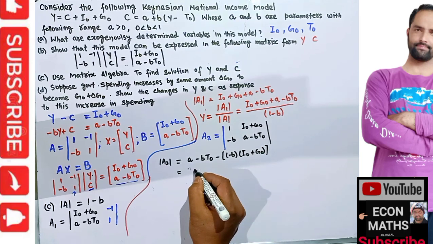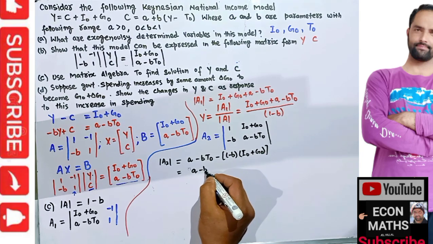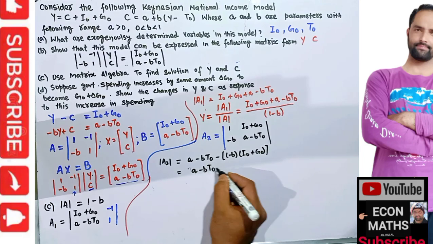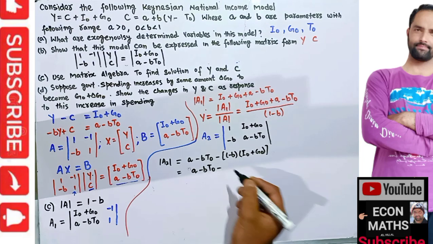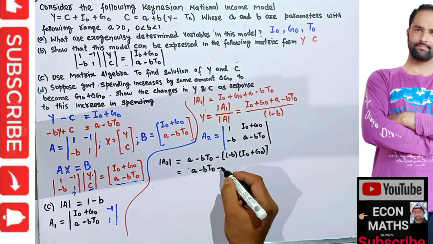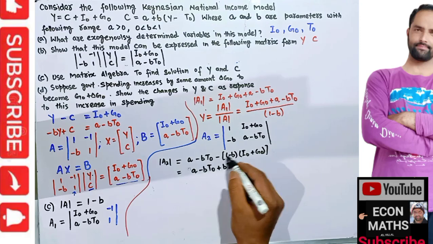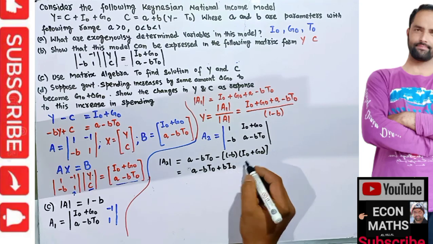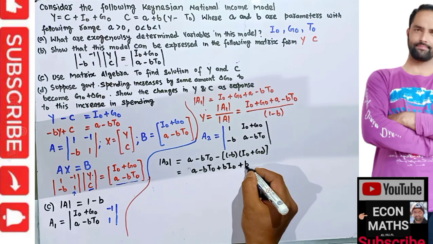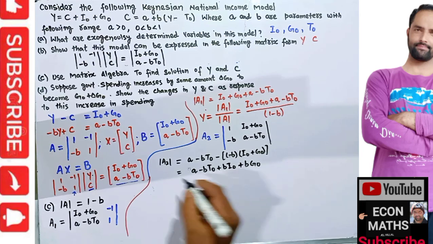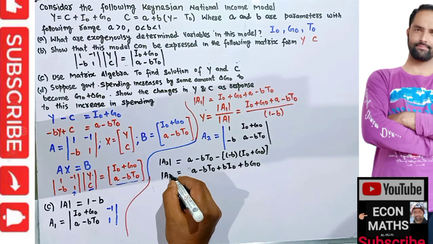Then it becomes a minus b t naught, minus into minus is plus, we will get b I naught, minus into minus is plus, so b times it will become plus b g naught. So this is our determinant of A2.